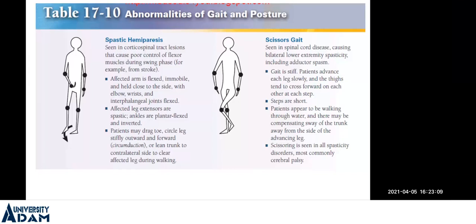The affected arm is flexed, immovable, and held close to the side with elbow, wrist, and interphalangeal joints flexed. The affected leg extensors are spastic, and the ankles are plantar flexed and inverted. The patient may drag the toe, circle the leg stiffly outward and forward, called circumduction, or lean the trunk to the contralateral side to clear the affected leg during walking.